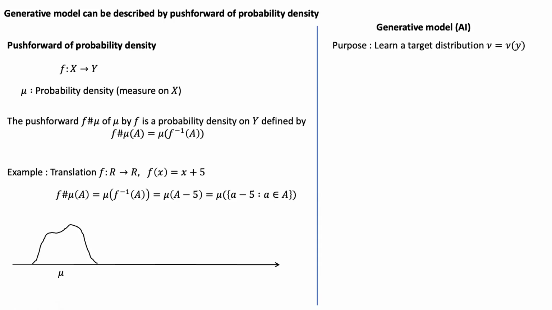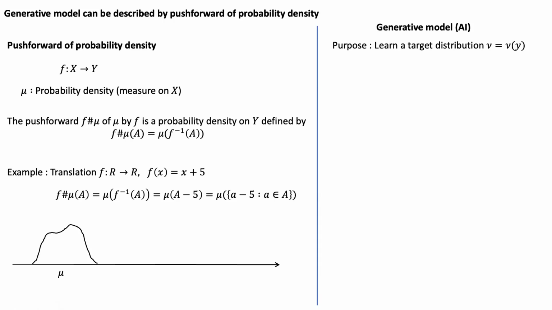If you take A, then by definition you have this. But what is f inverse? It is x minus 5. So you have this set A, which is translated to the left by 5. Then we get this. This is a simple example.